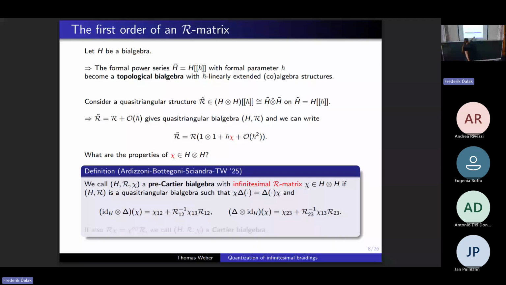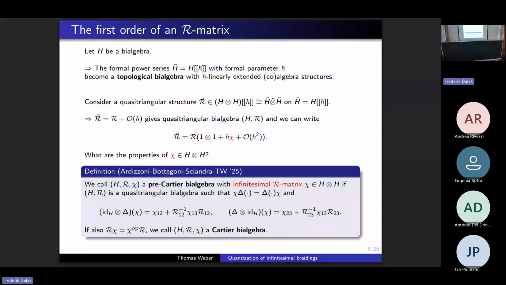And then satisfy these two primitivity properties. We sometimes call it a braided primitivity. Whatever this is, yeah. If furthermore your R matrix and chi commute in this way here, we call it a Cartier bi-algebra. And I'm also going to motivate the naming in a second.